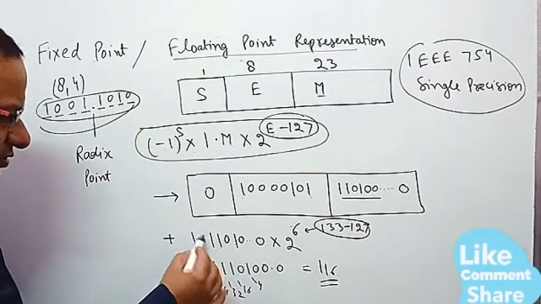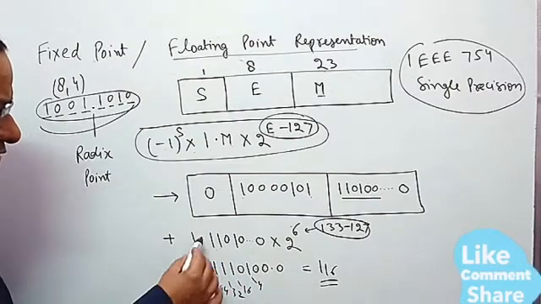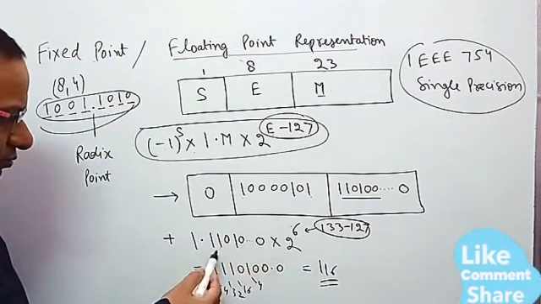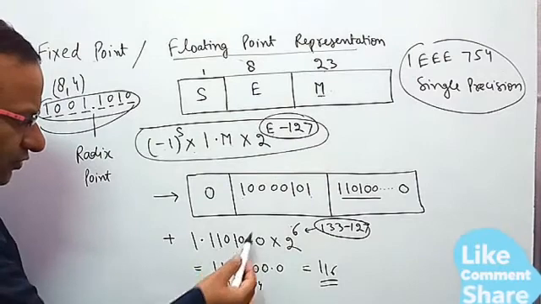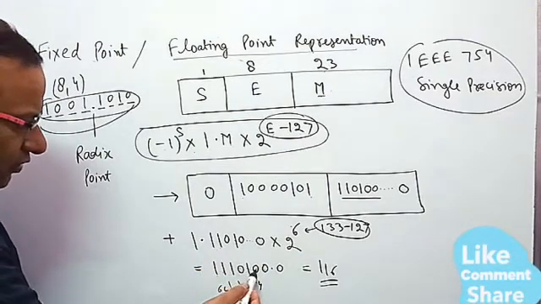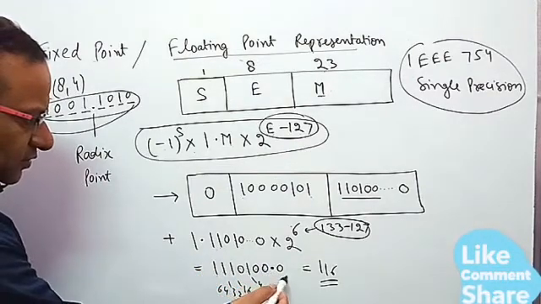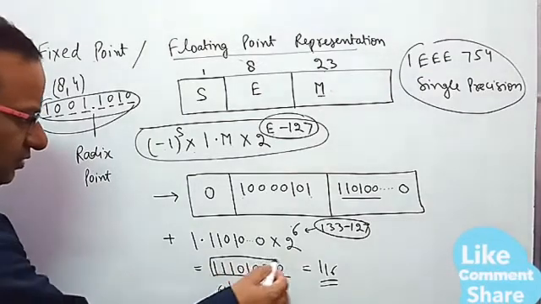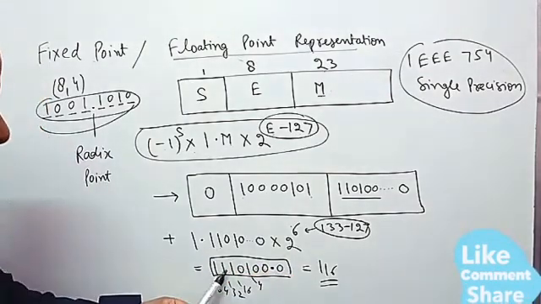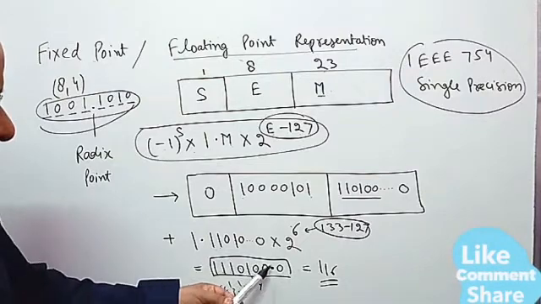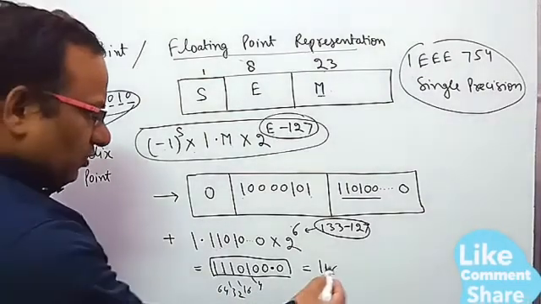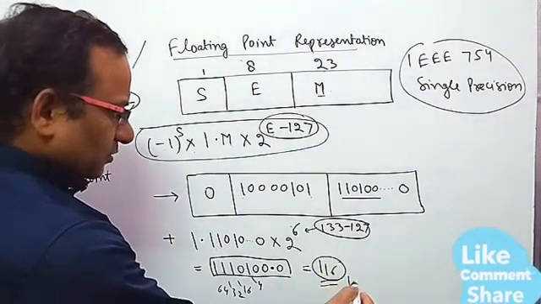We can float this radix point to the right by 6 places: 1 2 3 4 5 6. After that we can place the radix point. So the number is 1110100.0, which is equivalent to 116 in decimal.